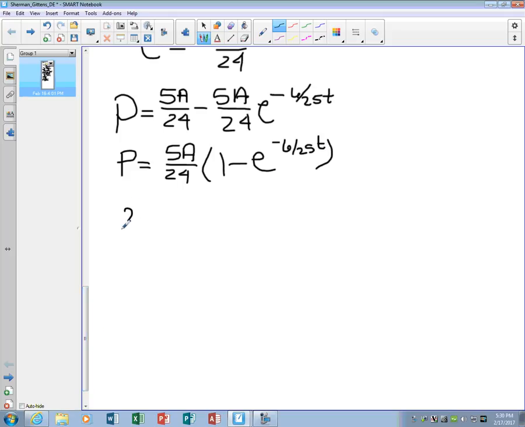So 2 equals 5a over 24 times 1 minus e, and then I'm just going to put parentheses here because we're going to get a little heavy up here, and we're going to multiply that by t, which is going to be 3 days.